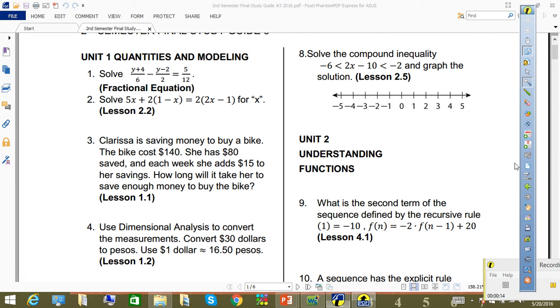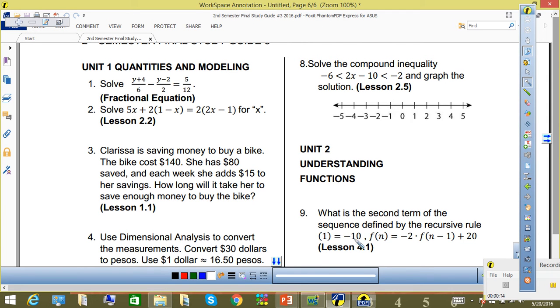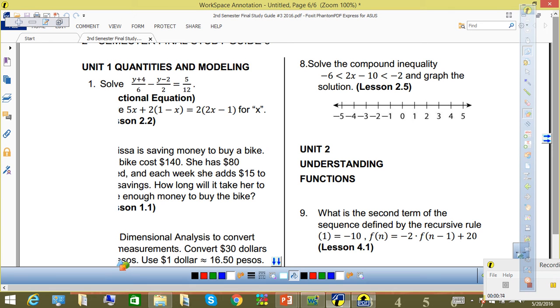Study guide number 3, the one we did at our house? Yeah. Right. Okay, thank you. Study guide number 2, though.